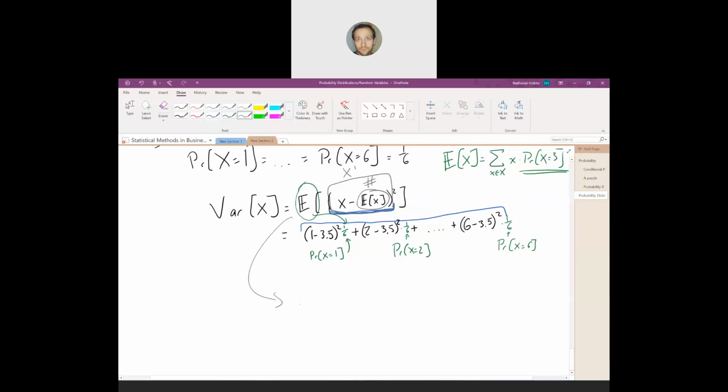And I could say that this is the expectation of x prime, where x prime equals x minus the expectation of x, squared. I can just replace it by another variable. And x prime can be equal to minus 0.25 for 6.